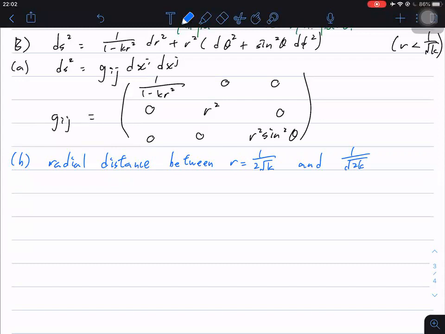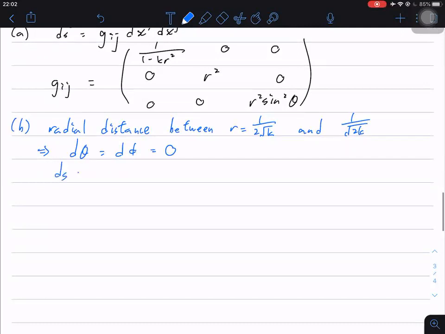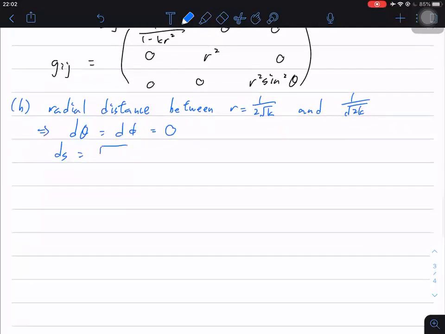Well, since it's asking for the radial distance, it means that we don't have to consider the change in theta or phi direction. So that means d phi and d theta are both 0. So the line element will be very simple, just root g_rr dr, which is 1 over root of 1 minus kr squared dr.